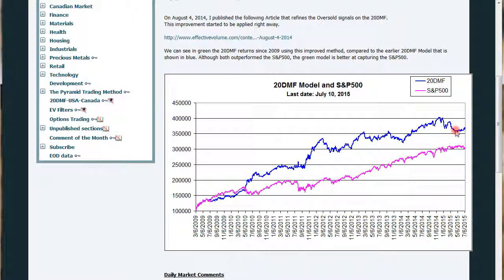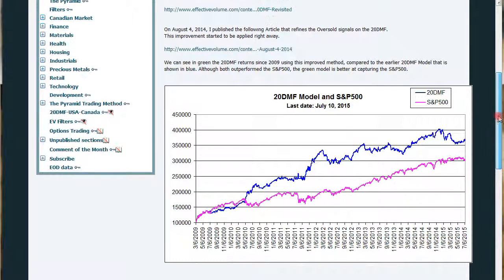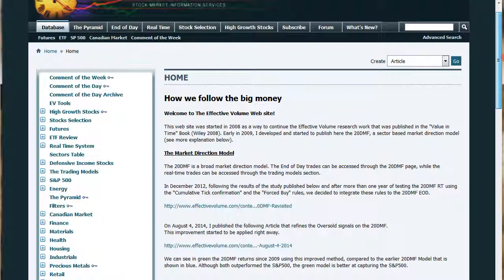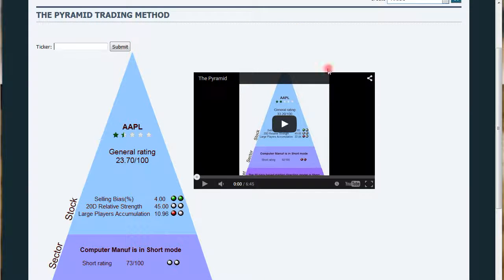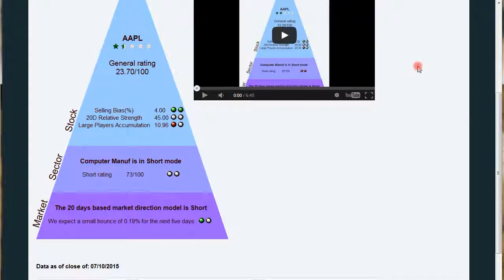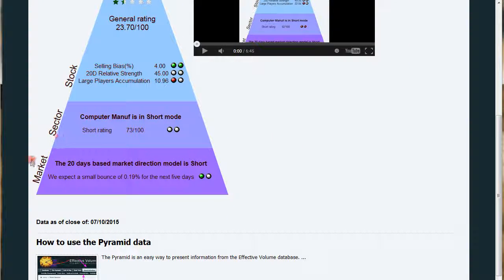So what I do then is to look here at the pyramid section, and inside of the pyramid section you can see in this section that it states that the 20 DMF is in short, but for the next 5 days we expect a small bounce.